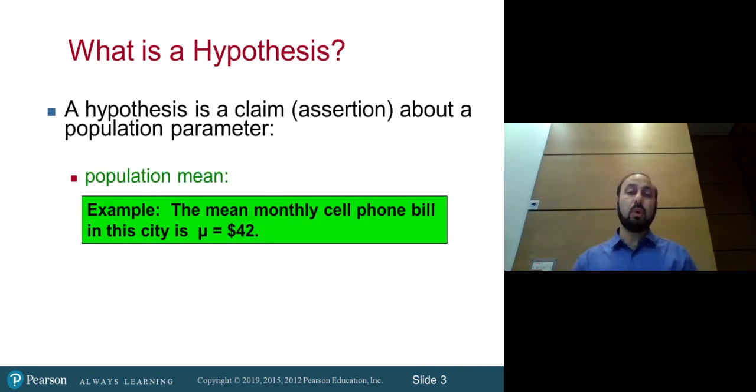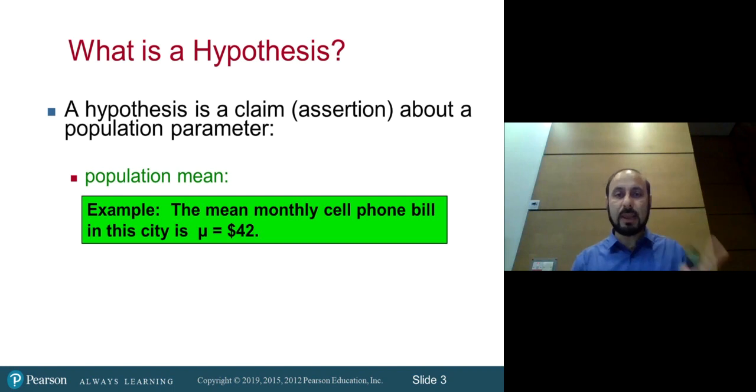The first important point is to understand what is a hypothesis. The hypothesis is a claim or assertion about a population parameter. A population parameter, okay, what is that and how to write a hypothesis? For example, the mean monthly cell phone bill in this city is $42.